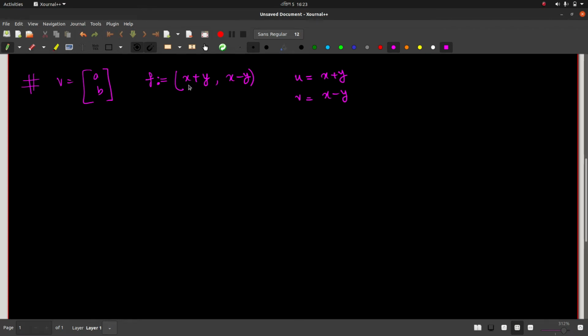So what it does is it takes some point on the x and y manifold, or the manifold M, and it maps those x and y into x plus y and x minus y respectively.